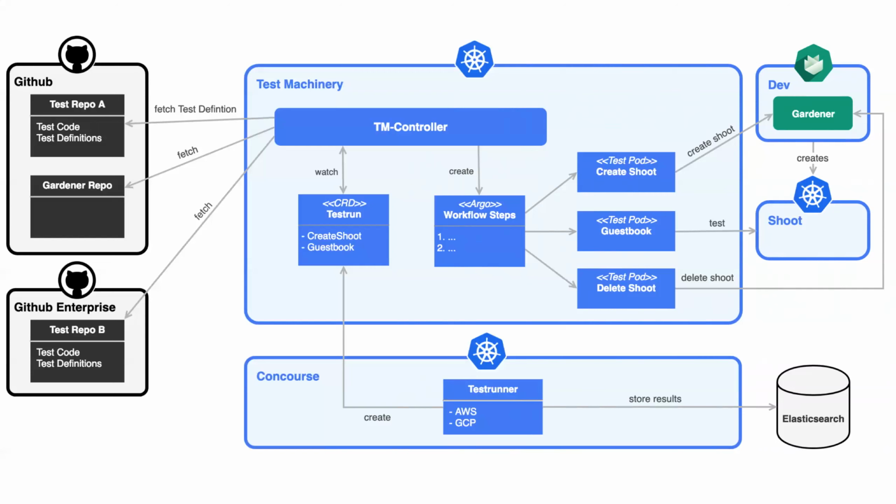We also have documentation on our GitHub site. The only thing you have to do is run two make commands, and then Argo and its repository and dependencies, as well as the latest test machinery controller, are automatically installed. But you can also use Minikube. We're not bound to any Gardener-specific cluster, so we run in every Kubernetes cluster.